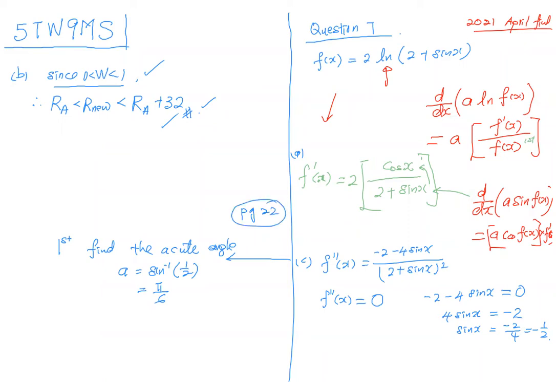You got all this. So after I get the acute angle, second step, I have to determine how big the angle is. I have to say sin x is negative. So it's negative half, correct? So therefore, x is in third and fourth quadrant.